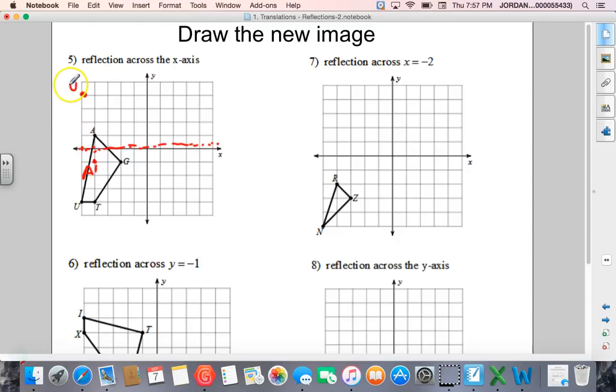So this is my U prime. And then G is 1 below, so we're going to reflect it to be 1 above. So that's G prime. And then T is 1, 2, 3, 4 below also, so we're going to reflect it 1, 2, 3, 4 above. And that's T prime. And then we can draw our new shape.